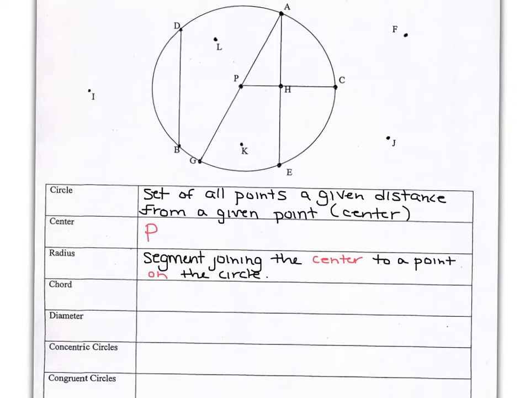It must be coming from the center, and it must be actually located on that circle. So if I want to list out the examples, my center's at P, so all of my segments must have a P in them, and we end up having 3. We've got segment PA, PC, and PG.